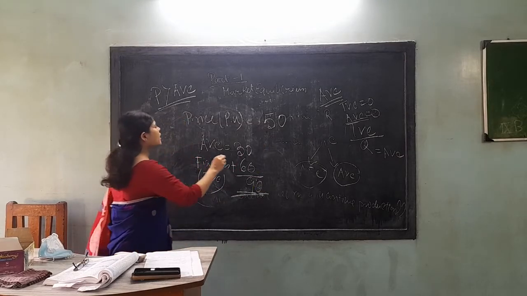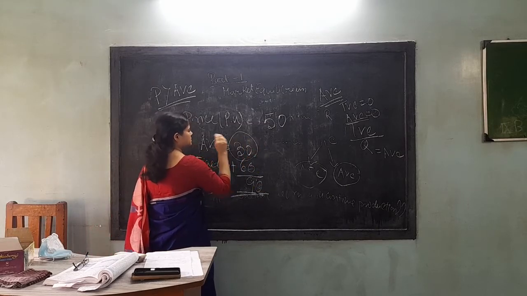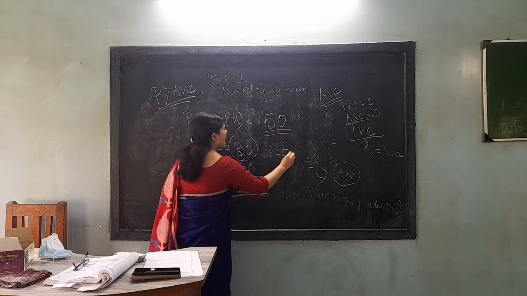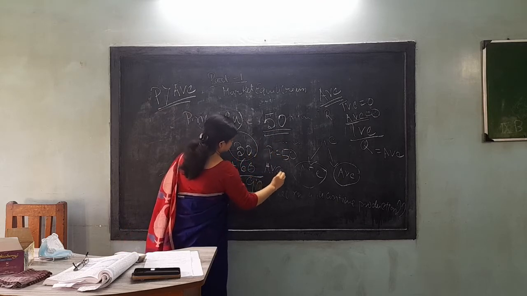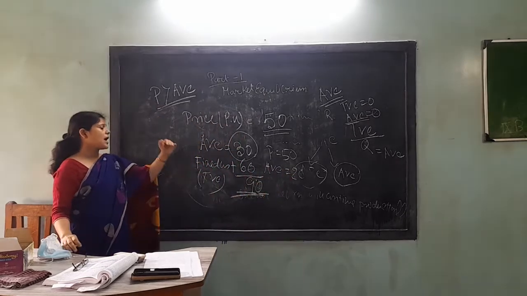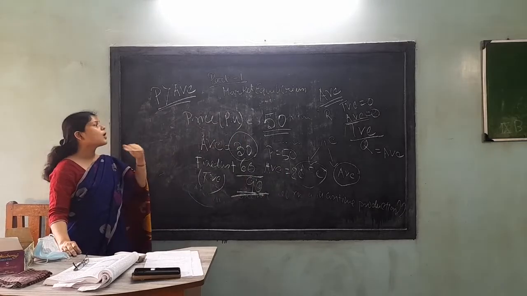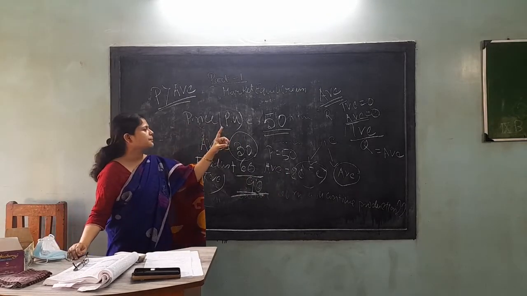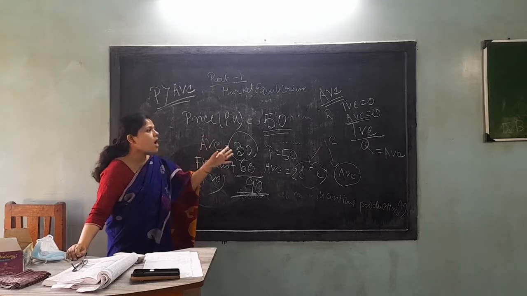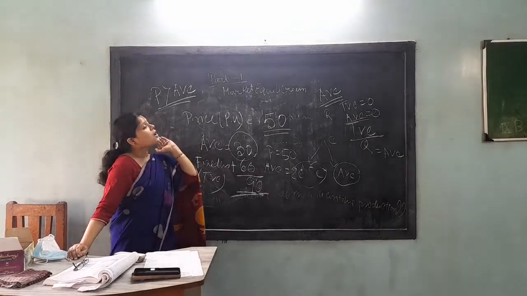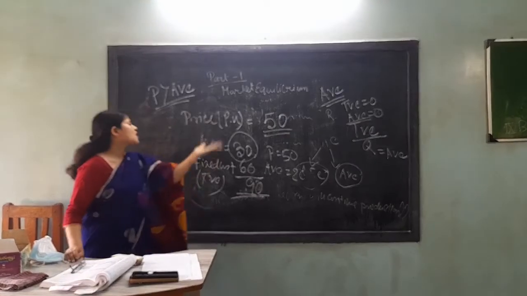But in spite of that, the firm will continue its production because the selling price P is 50 and AVC is 30. The firm expects to cover the variable part of the cost, because the variable cost is there while production is there.